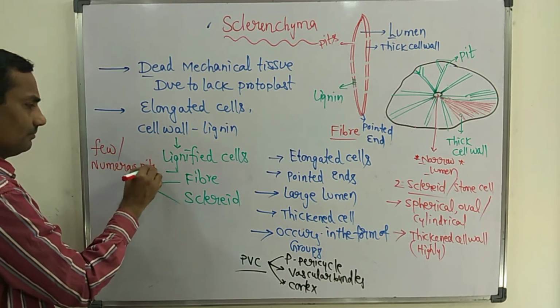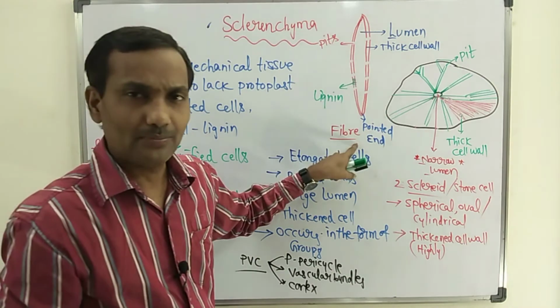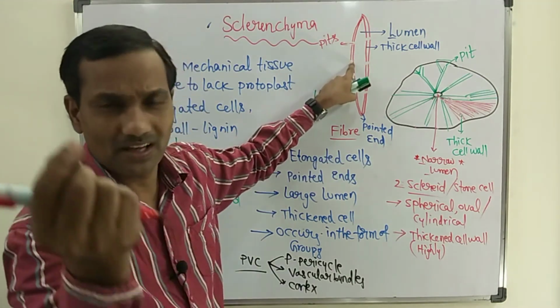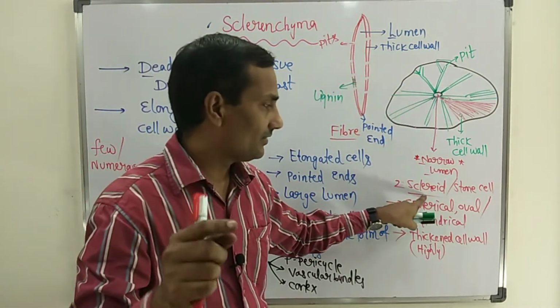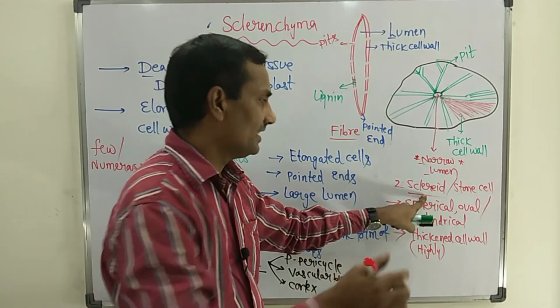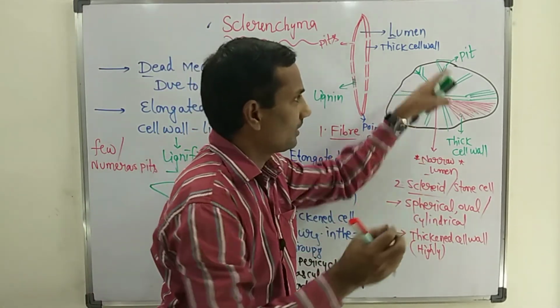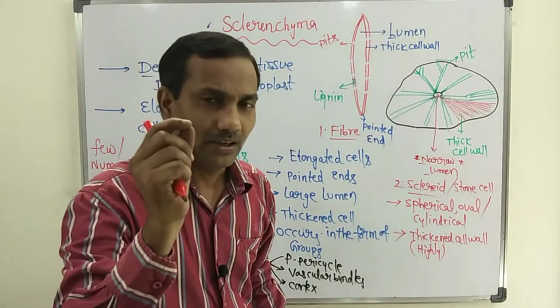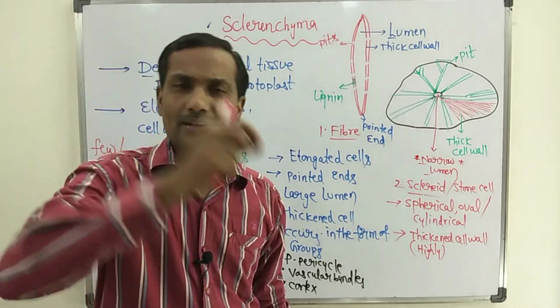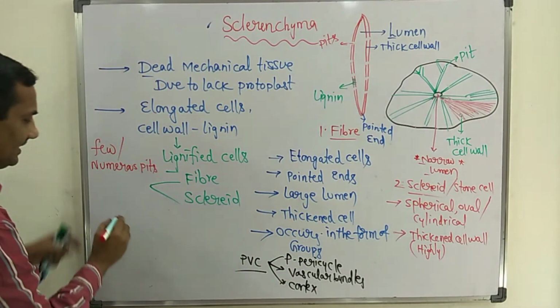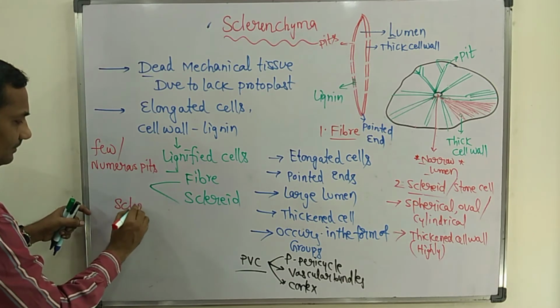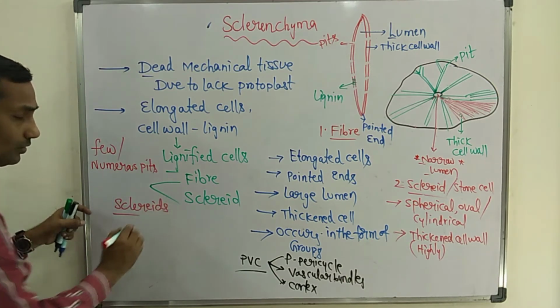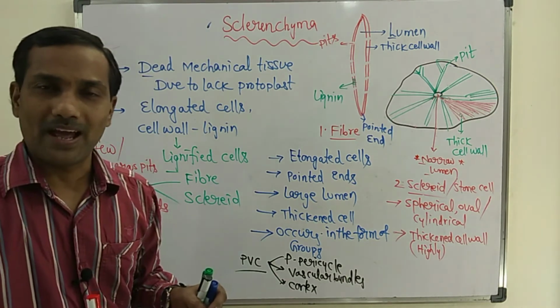Either fibers consist of small pits or small apertures, and the second type of cell, the sclerid, also consists of many pits. But from the examination point of view, there are very important points about sclerids. Sclerids are found in different parts of the plant body.